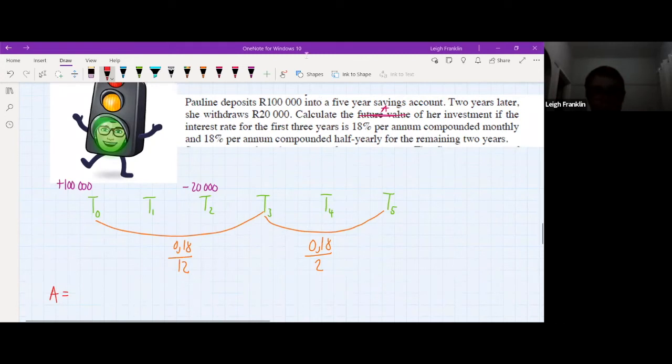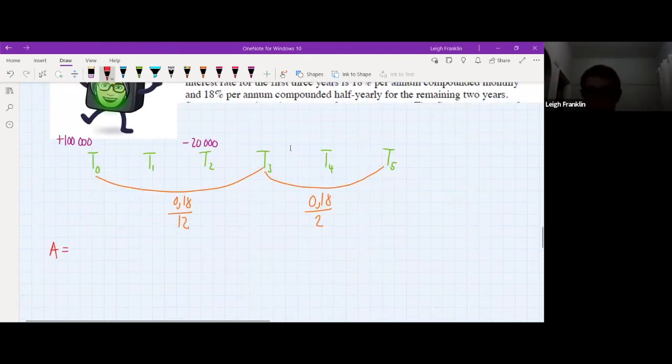Okay, so I would have set it out like this. Sorry, I'm not trying to rush you, but this is how I would have set it out. The 100,000 Rand goes in using compound interest, and it's going to earn interest for the first 3 years at 18% per annum compounded monthly. So here we will write 12 times 3.